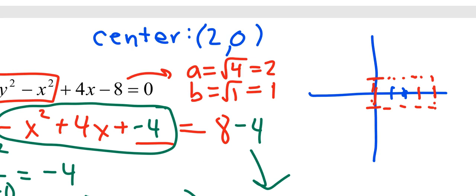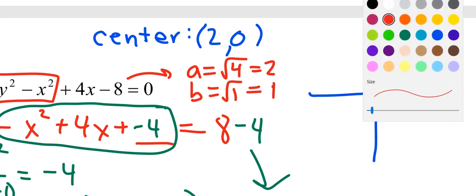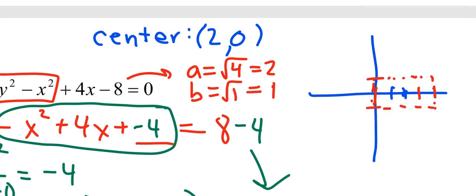That's not really part of my graph. Okay, so what's so important about the box? Asymptotes go through the corners.